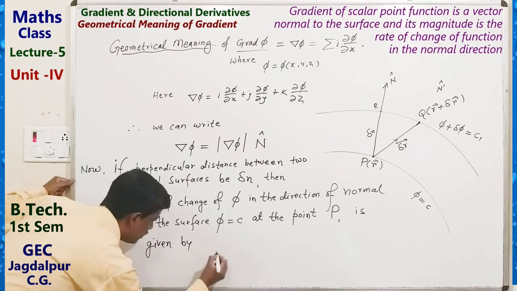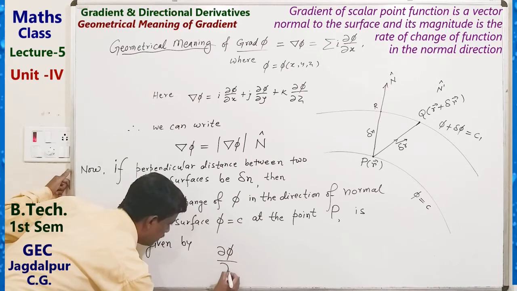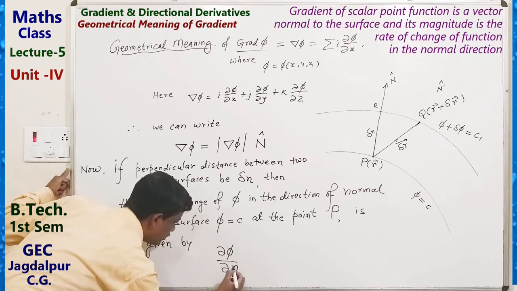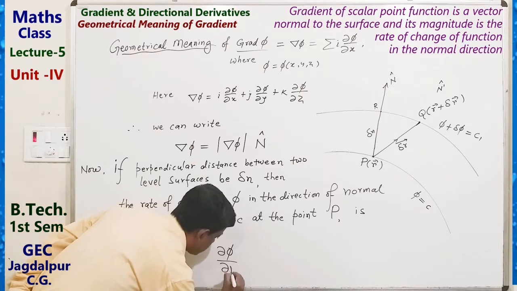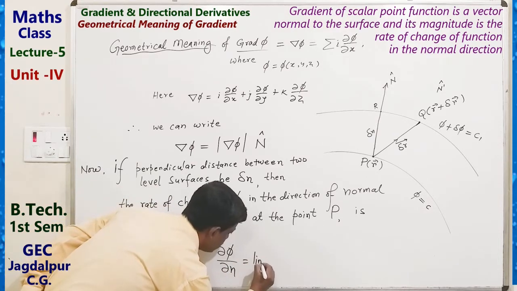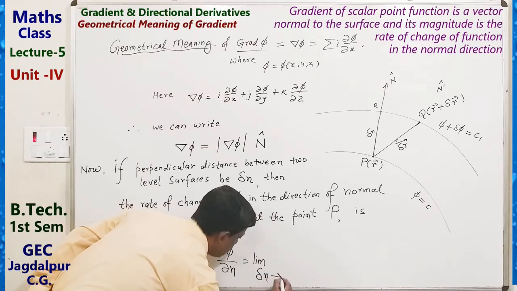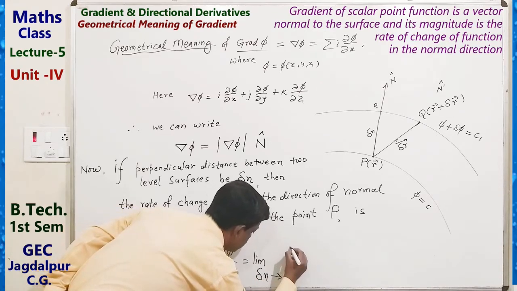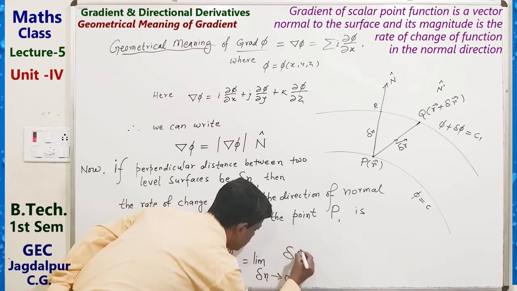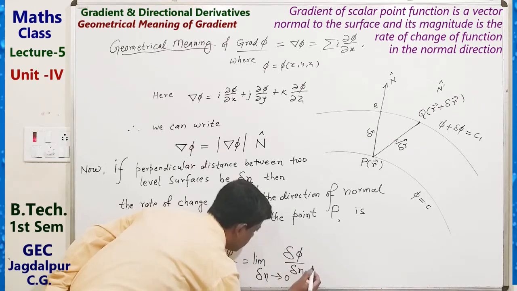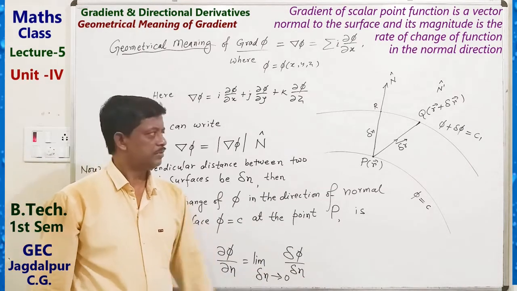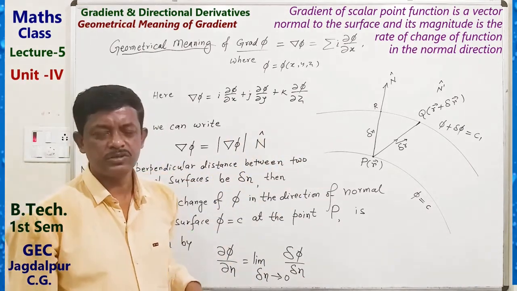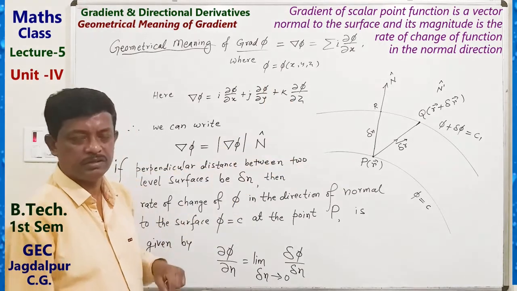is given by del phi by del n equals the limit delta n tending to 0 of delta phi upon delta n. Delta n is distance. Delta r tends to 0 and delta n tends to 0 when Q lies on P. This is the limiting condition.